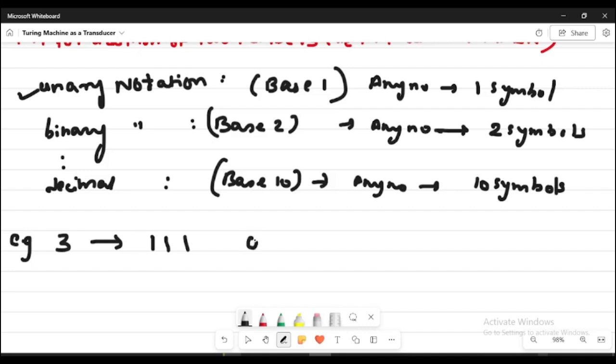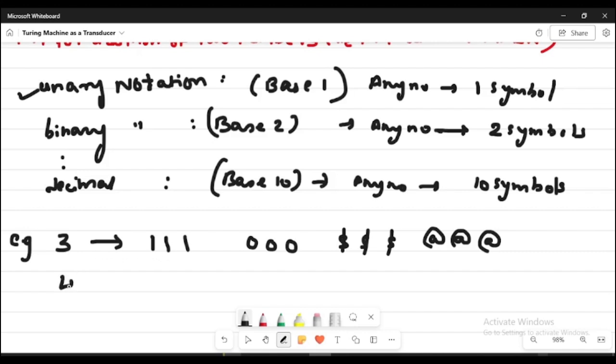I can take 0 as a symbol and write it 3 times, or I can take a dollar sign, or an at sign, but I will write it 3 times. When I use the number 3, it should be represented by repeating that symbol 3 times, and then it represents the number 3 in unary.